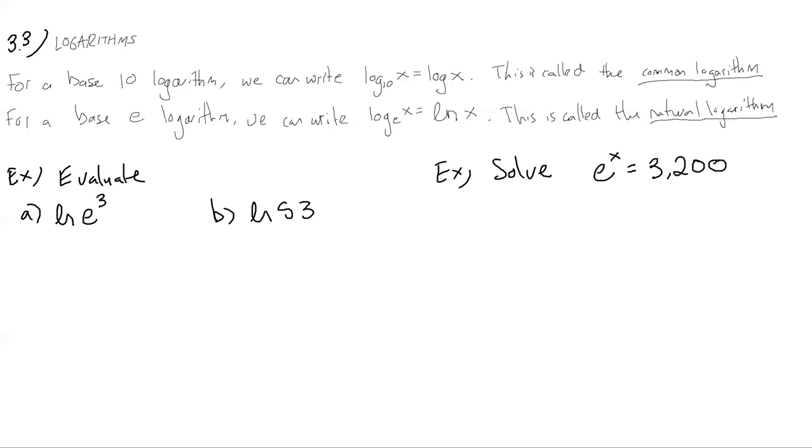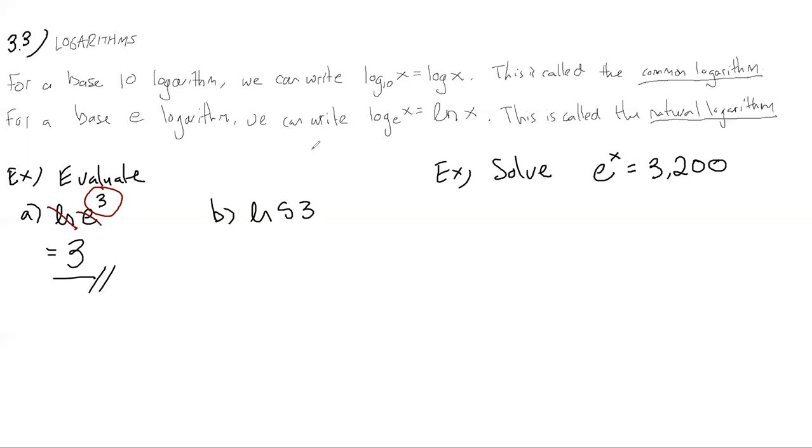So, a few examples to go through here. For the first one, ln e cubed. We can just go ahead and do cancellation because ln is the inverse of the e exponential. So we should be able to just write 3. For ln of 53, this 53 is probably not a perfect power of that 2.7 number.